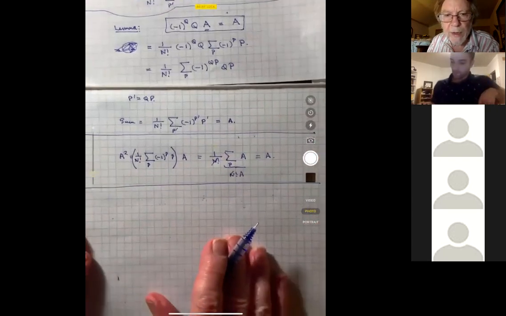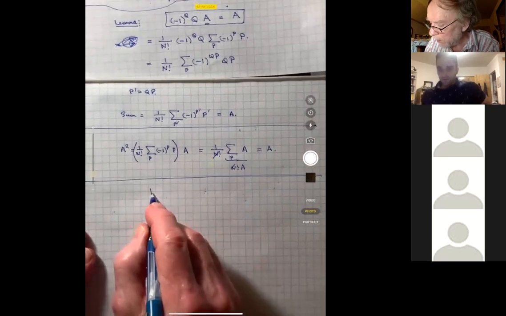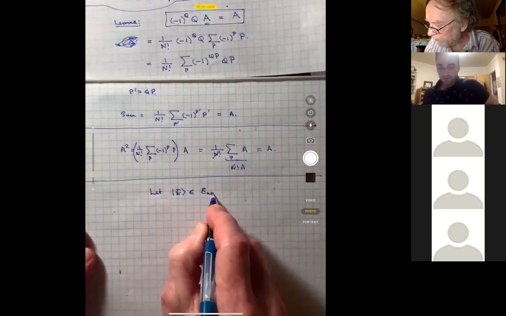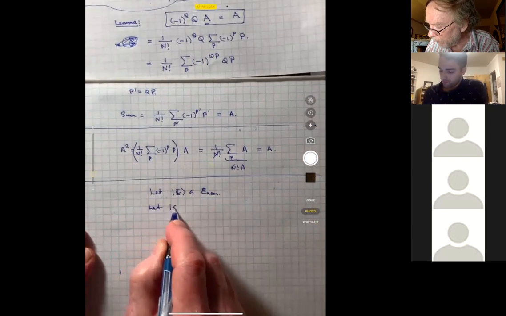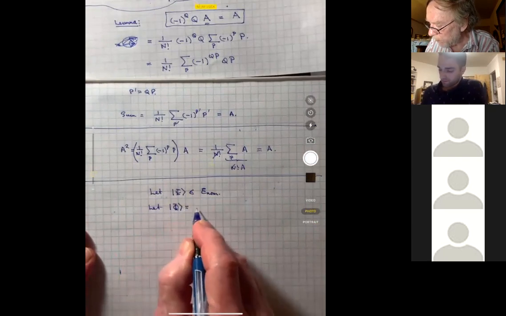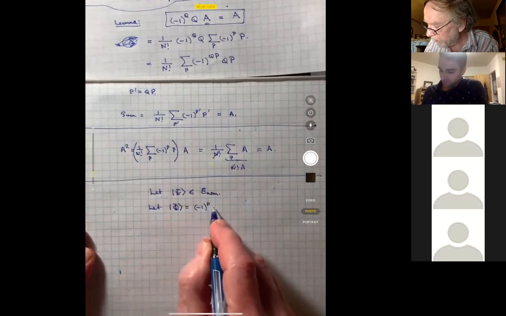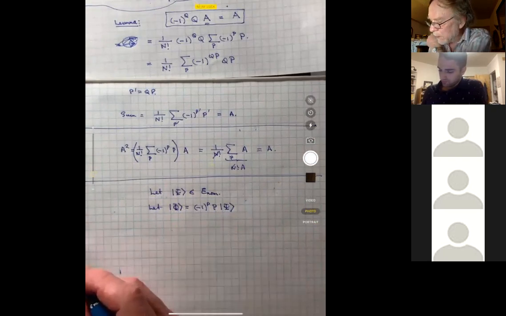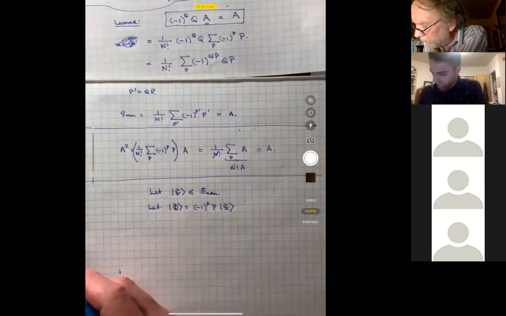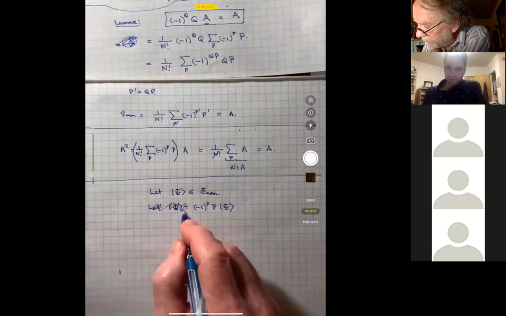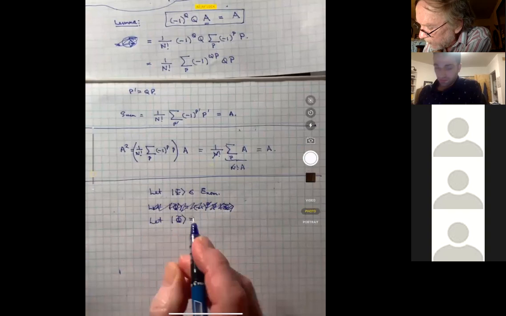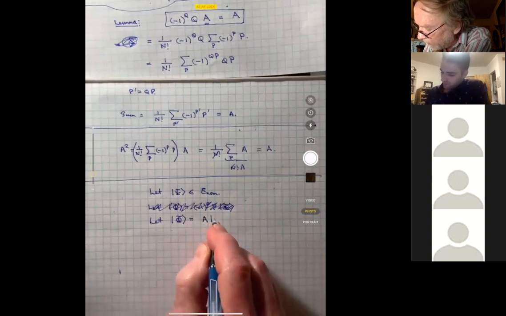Now the next thing to do is to show that it actually projects onto the physical subspace. Let psi be any state in the nominal Hilbert space. And let capital Phi be the anti-symmetrizing projector applied to psi.